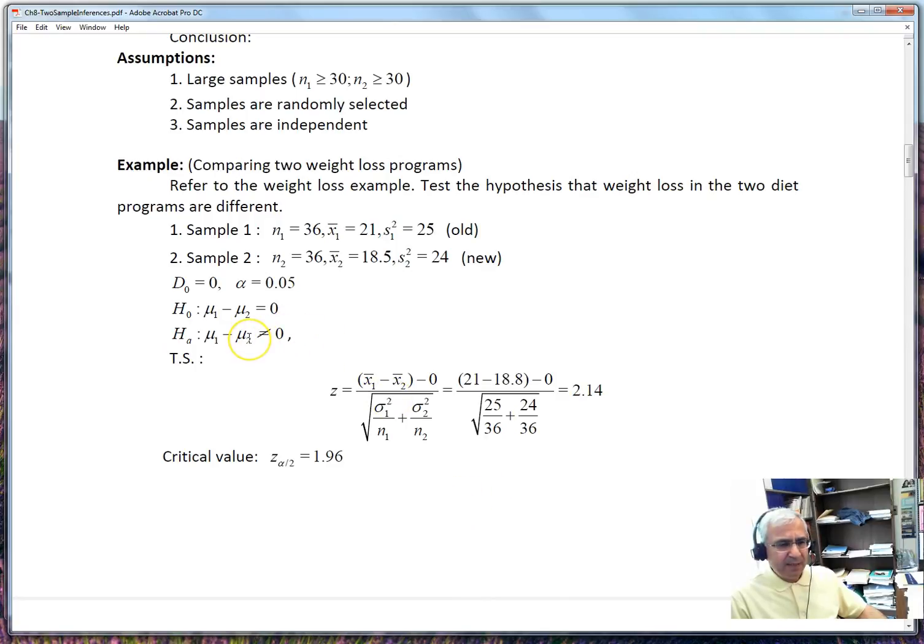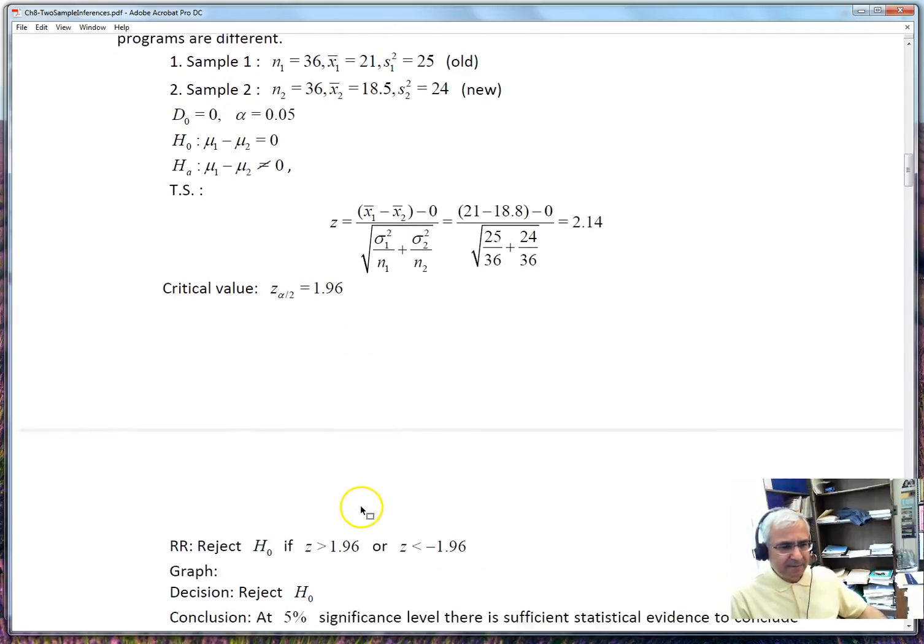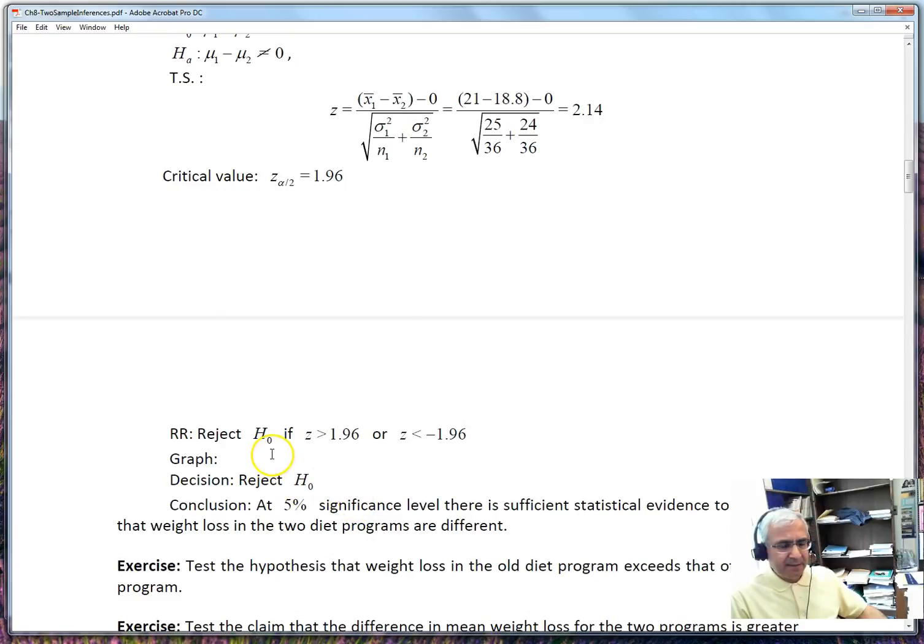Because it's a two-tail test, I know that because this is not equal to, and I have large samples, my critical value is Z alpha over 2, which is 1.96. And so in this case, my rejection region would be, I would reject if this value is larger than 1.96 or less than negative 1.96.